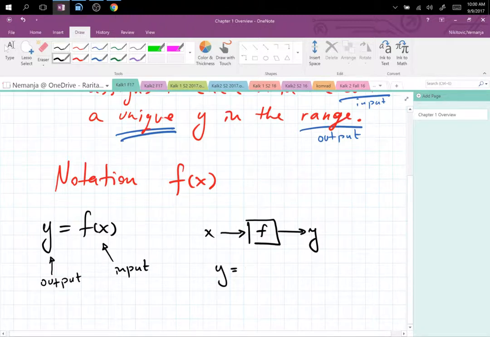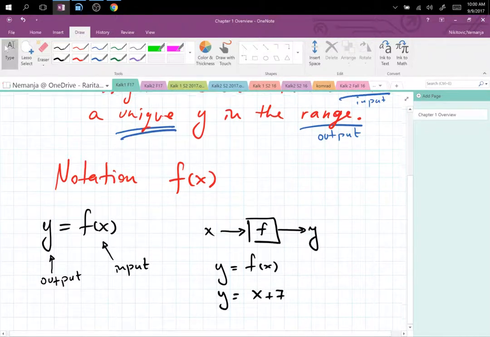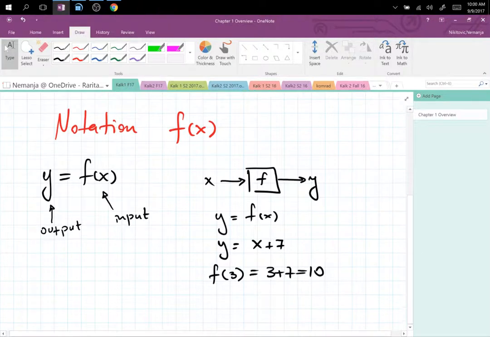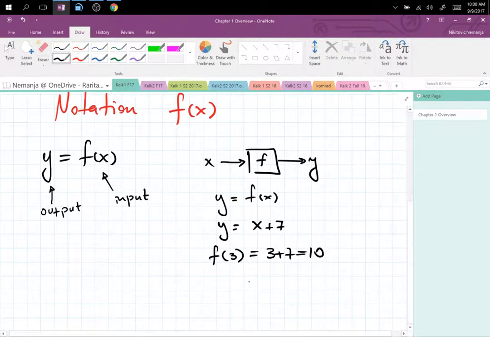So if y equals f of x, say x plus 7, then f of 3 is 3 plus 7, which is 10. You can understand this as x equals 3, y equals 10, the point 3 comma 10 that you are going to plot on the graph.